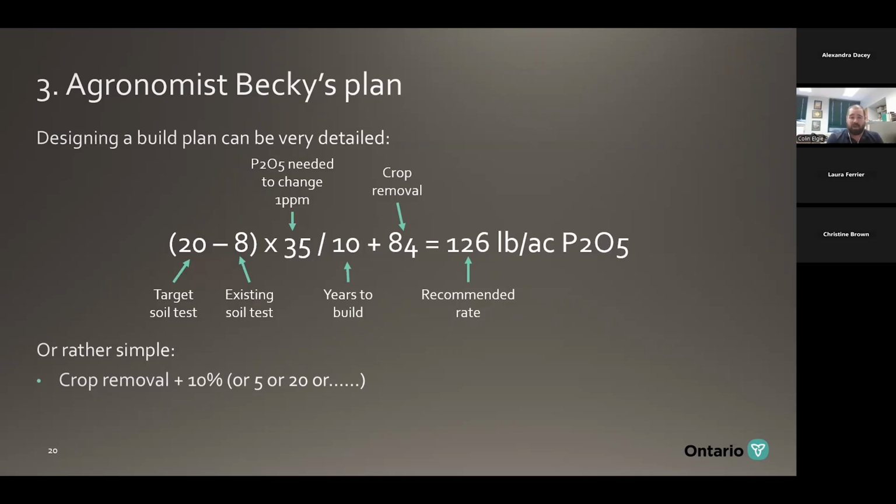I find we're often trying to get a bit too fine-tuned when in reality the soils themselves play such a big factor that having it fine-tuned to the single pound or decimals of a kilogram may be a little bit overkill. So it can be relatively simple. If we're looking to build the soils, we need to apply more than crop removal. So it might be something like crop removal plus 10% to build that soil, or 5% or 20%, or whatever.